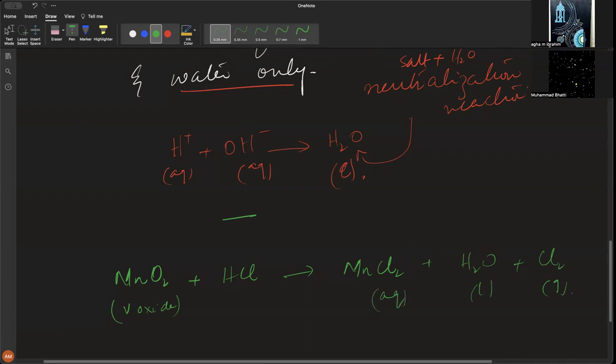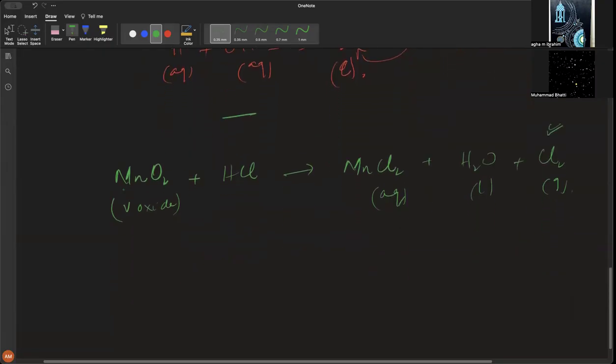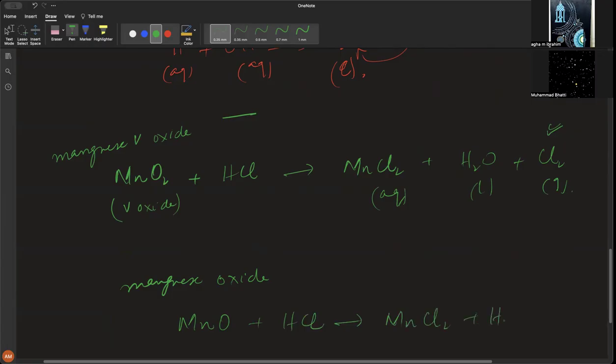Are we going to consider this as a neutralization reaction? No. Why? Can you tell? Because we can see this chlorine is another product that is being formed. And this is manganese 5 oxide. Right? Simple manganese oxide, which is like this, MnO, reacts with HCl to give MnCl2 plus H2O.